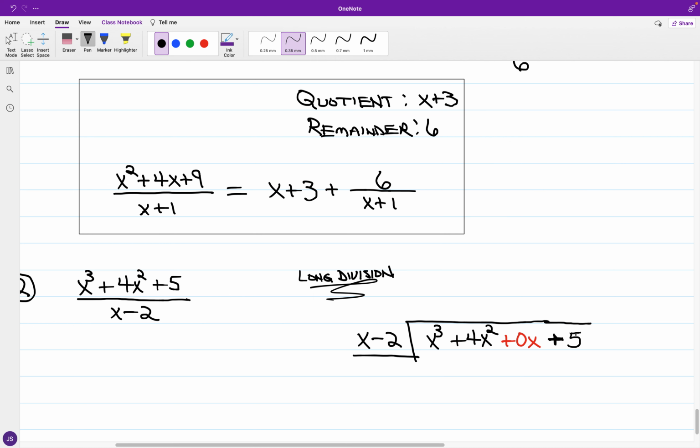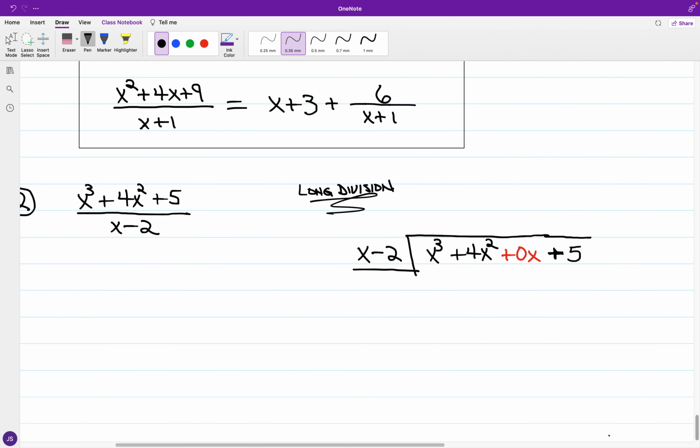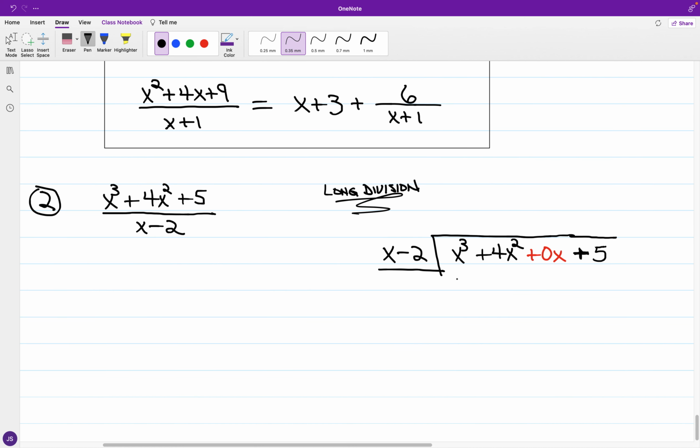All right, so initiating the process. We've got both sets of terms in descending degree order. Taking the leading term x into the leading term of the dividend x cubed, or x cubed divided by x, this time the first term in the quotient will be x squared.